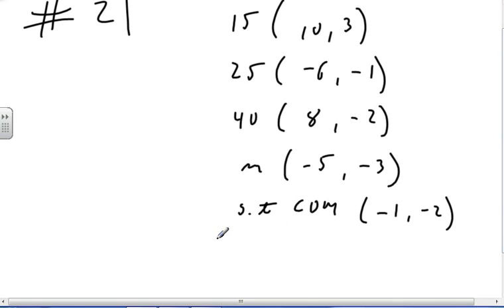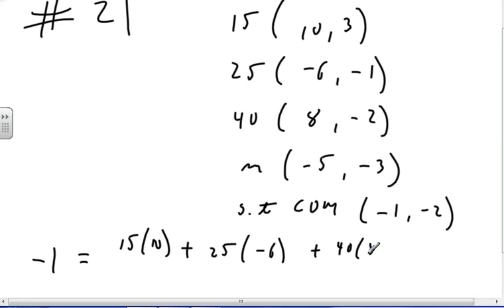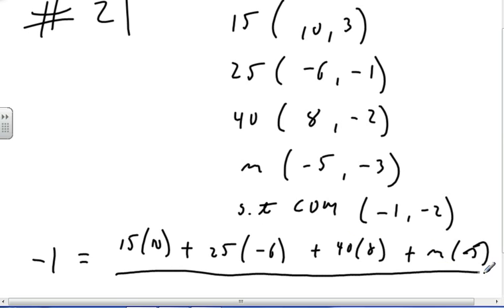So, minus 1, the center of mass in the x direction, has to equal 15 times 10 plus 25 times minus 6 plus 40 times 8 plus m times minus 5, divided by 15 plus 25 plus 40 plus m.